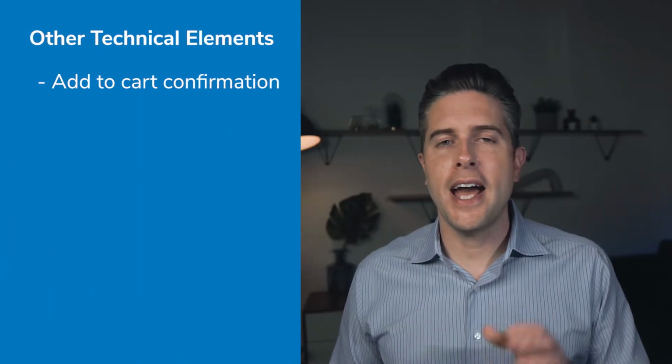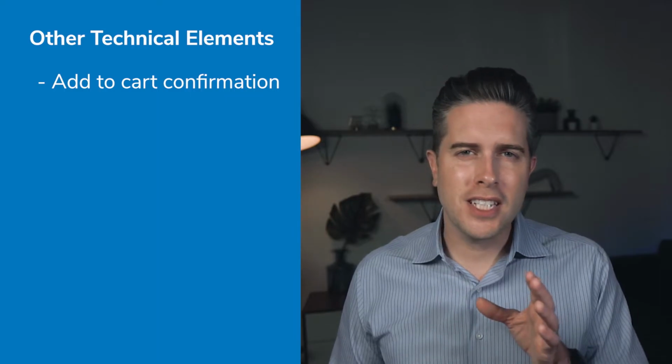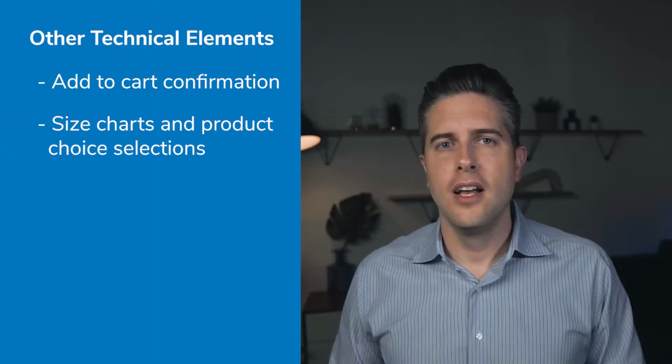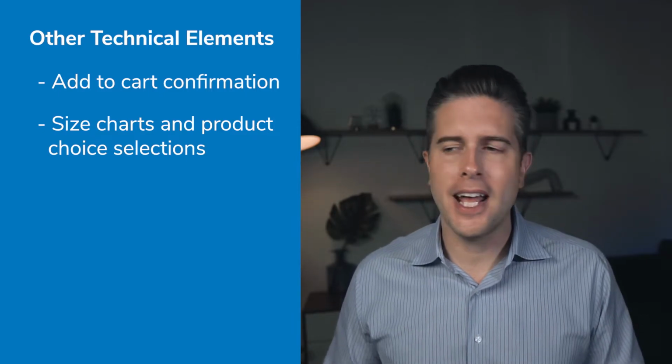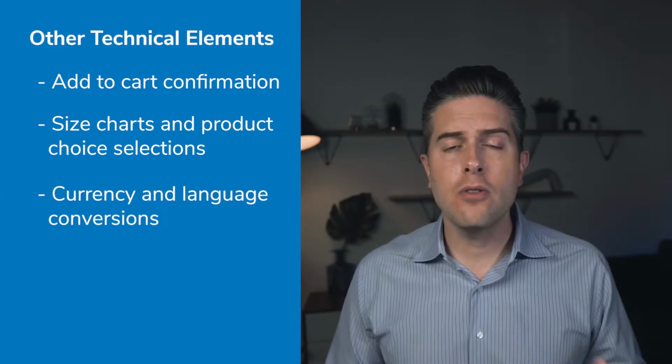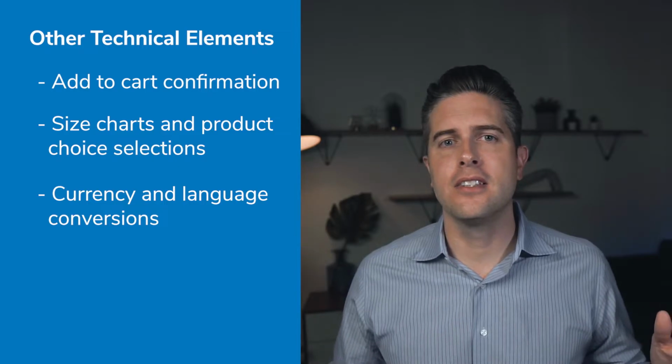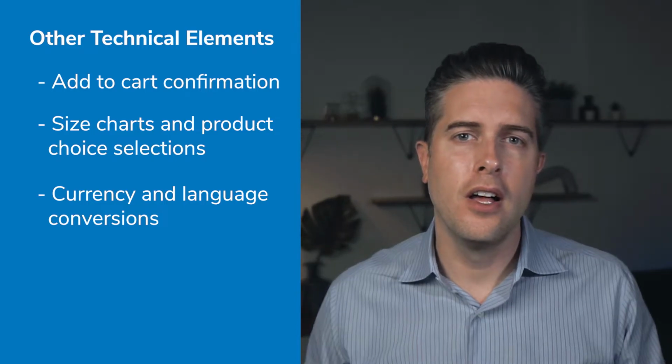Now, I won't go into detail, but these are a few of the additional technical features you'll want to consider as you build or refresh your product detail page. An add to cart confirmation assures the customer that the order was placed. Size charts and product choice selections should be accurate and simple. Currency and language conversions widen your audience depending on who you sell and where.